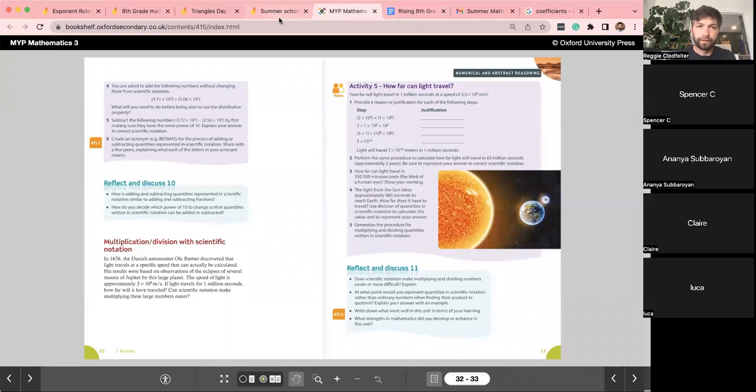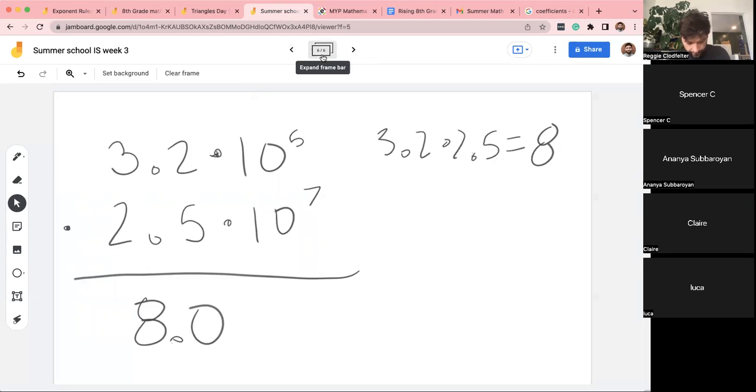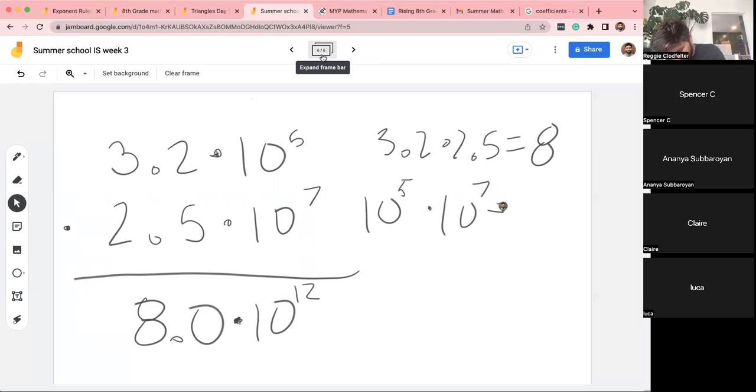So here, I would keep the base the same, it's times 10, and then I add the exponents. So 5 and 7 becomes 12, and my answer here is 8.0 times 10 to the 12th. So 10 to the 5th times 10 to the 7th becomes 10 to the 12th.